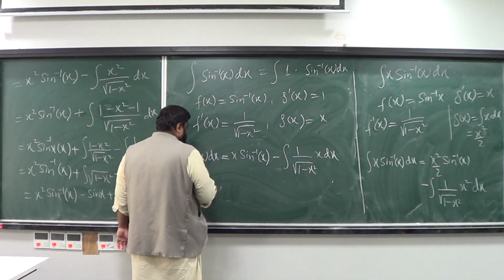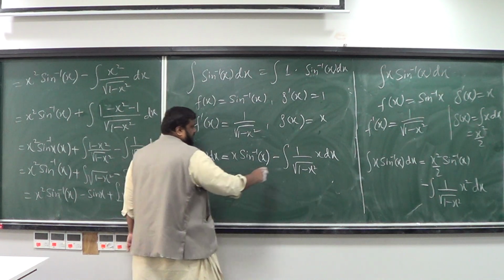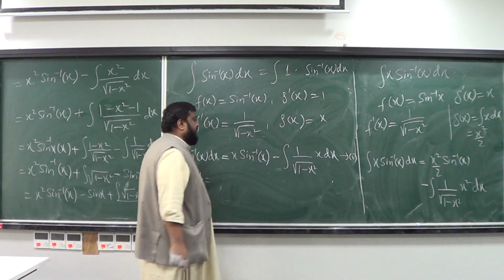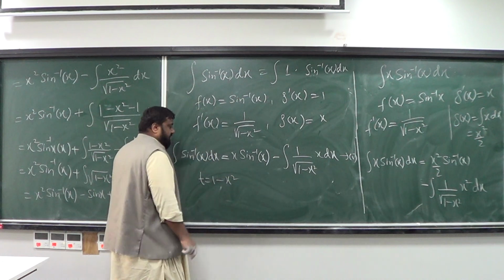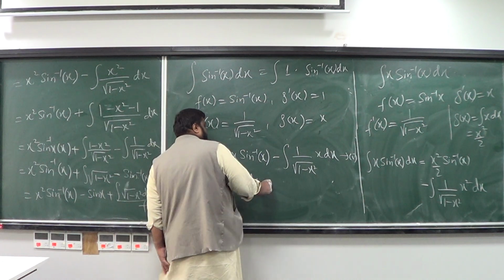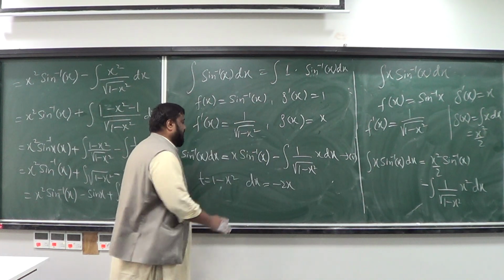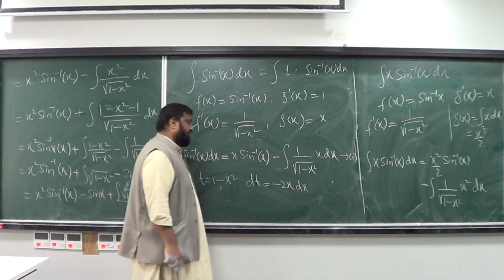For example, let's call this equation number 1, and let's solve this integral separately. So let's say t is 1 minus x squared. Then dt is going to be negative 2x dx.